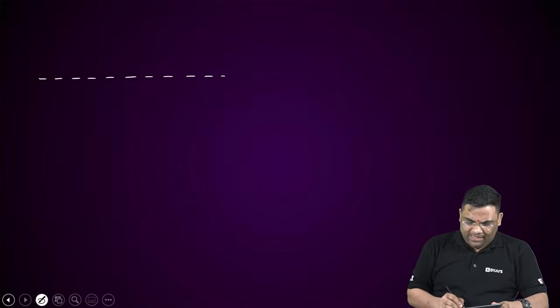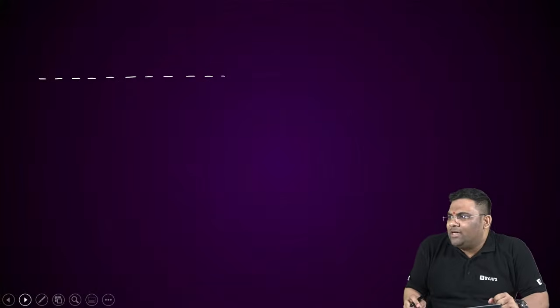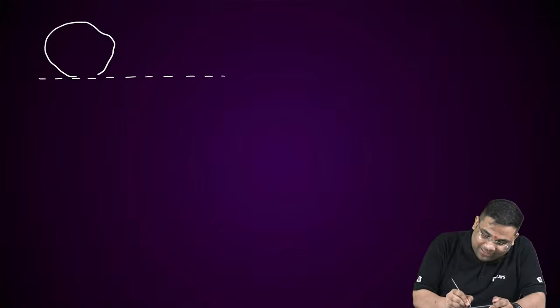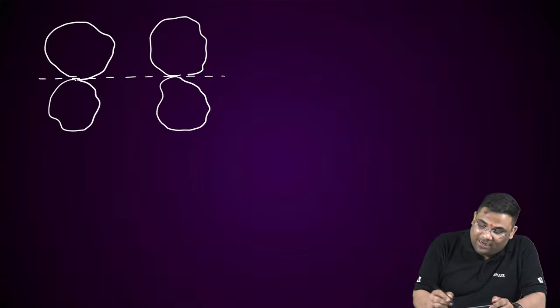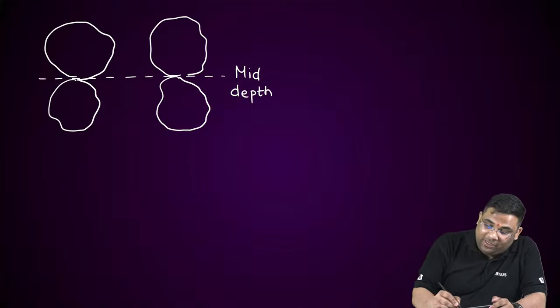You will see soil particles in contact with each other, right? Suppose this is a soil particle, a big soil particle, because I have magnified this. This is the mid depth of the clay layer, and these are the soil particles. Now they are looking big because I have magnified this.